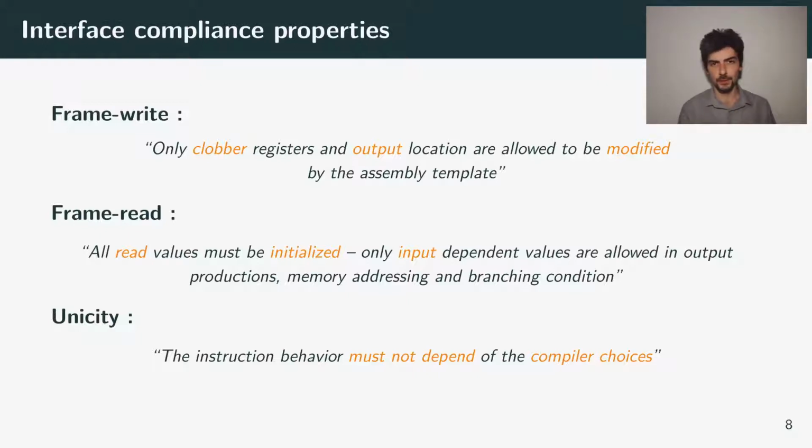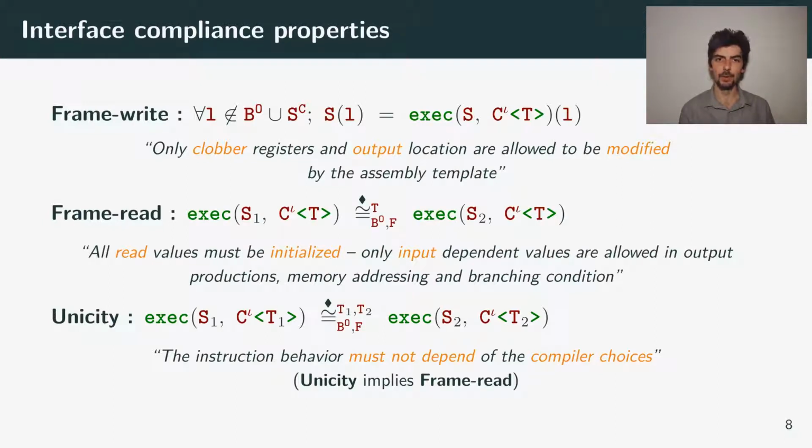The second one is more subtle, and we call it the unicity condition. The unicity condition states that the result should be the same independently of the particular token assignment chosen by the compiler. Moreover, we can now express these conditions in our formalism and then automatically reason on them.